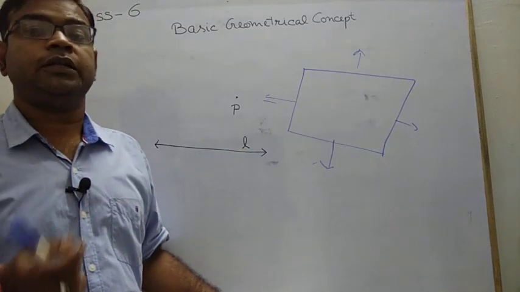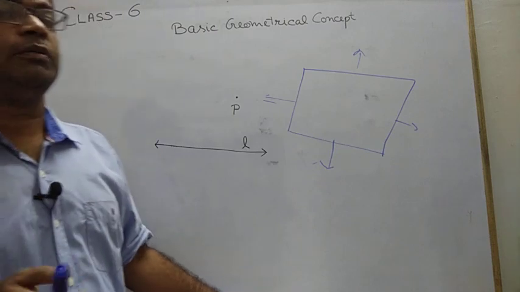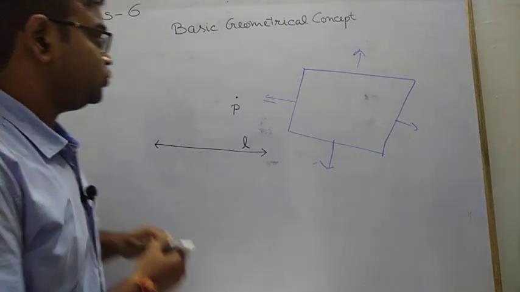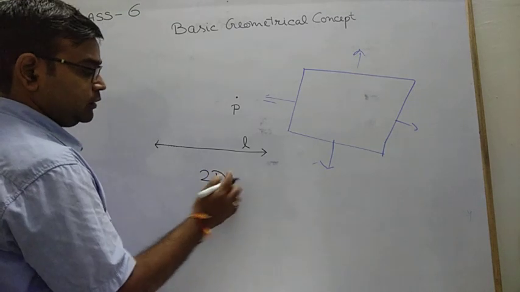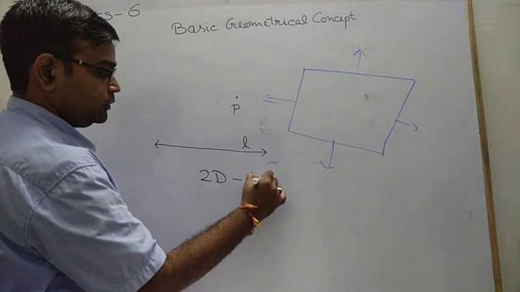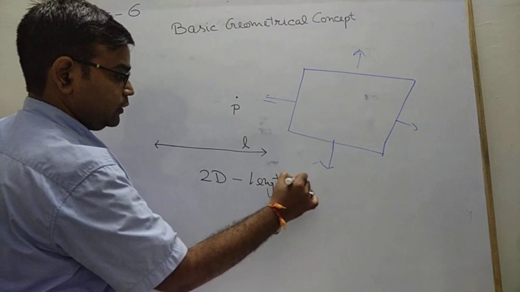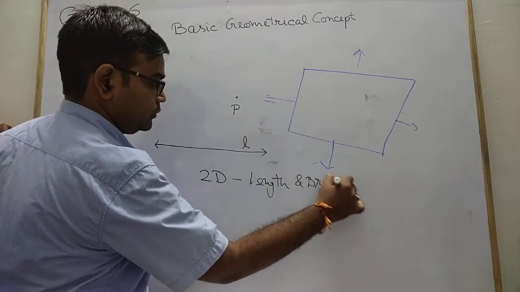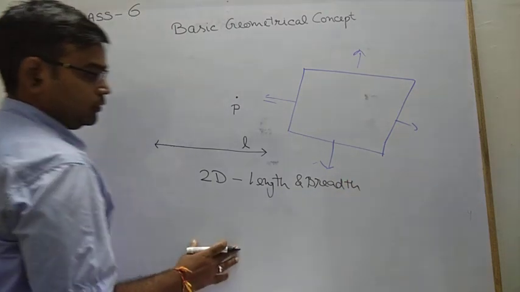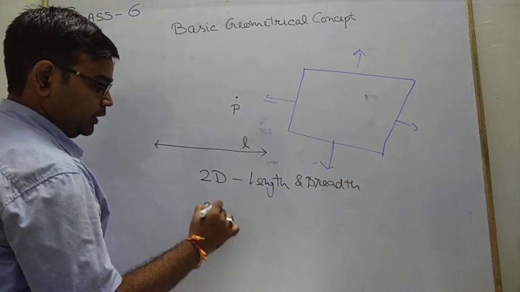Thickness would come in a different type of geometry. There are two types of geometry. One is 2D geometry, two dimensions, having length and breadth. Another is 3D geometry.